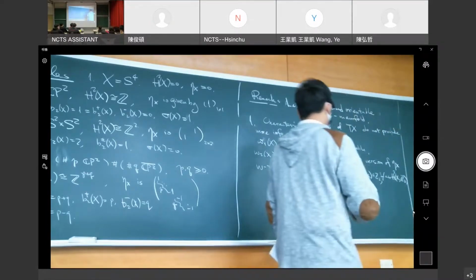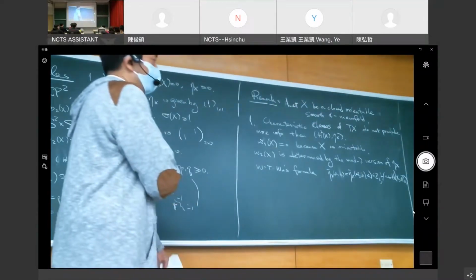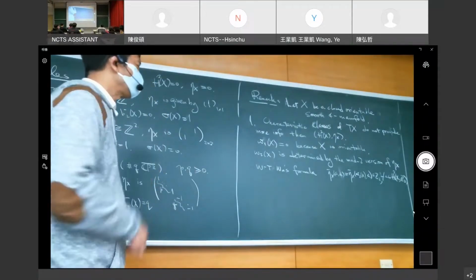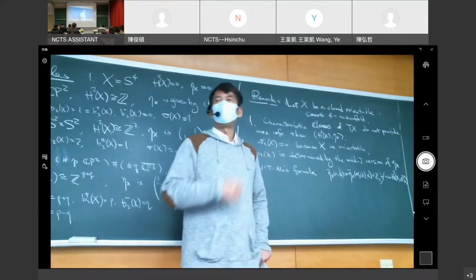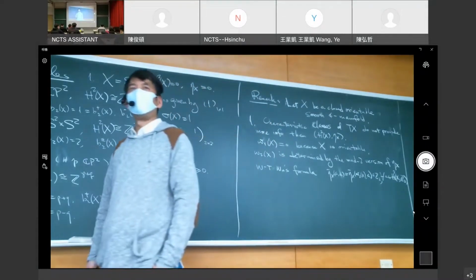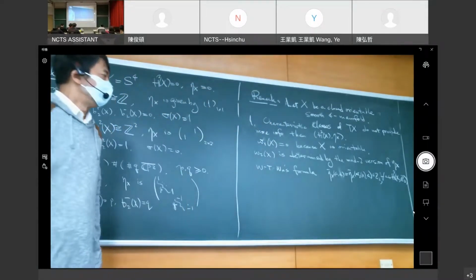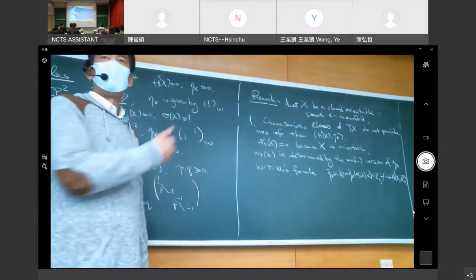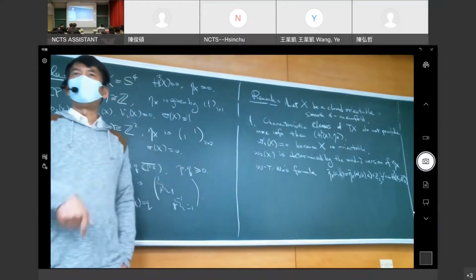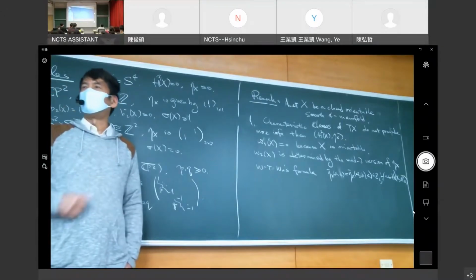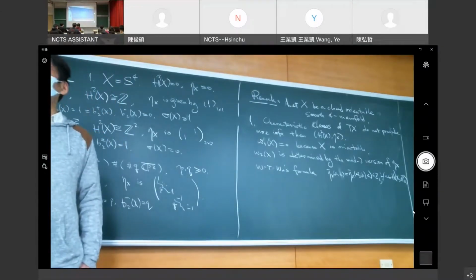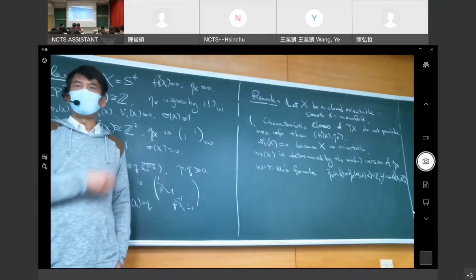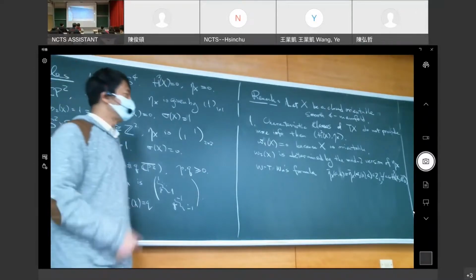That means, since the mod 2 intersection form is also non-degenerate because there's a mod 2 Poincaré duality, you see that w2 is uniquely fixed in this way by the information of the intersection form, and therefore whatever comes from w2 can come from the intersection form.